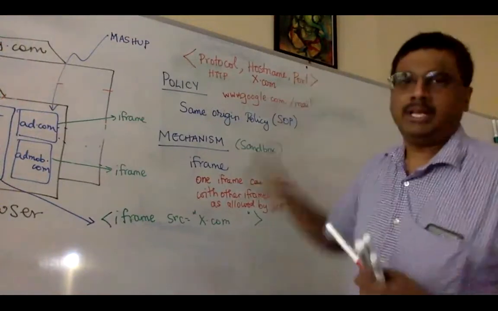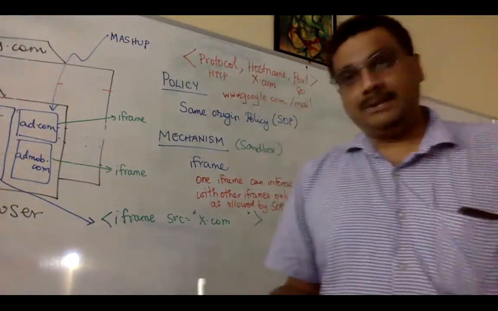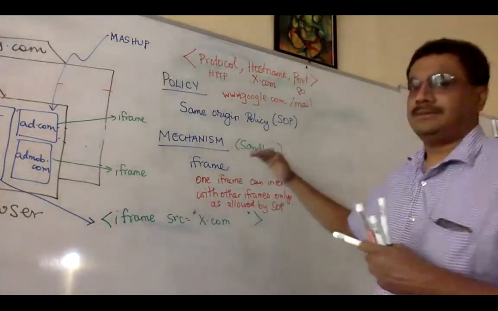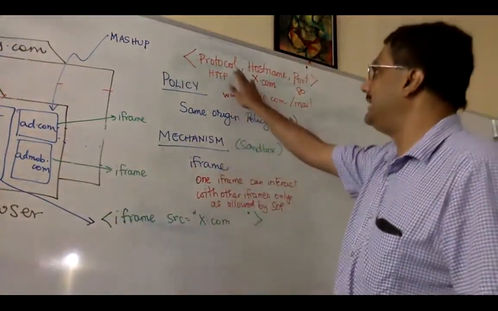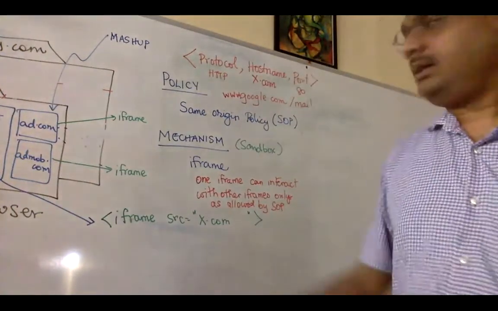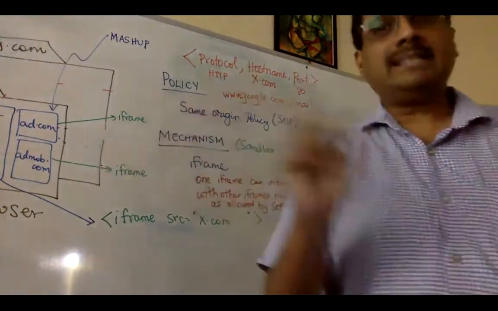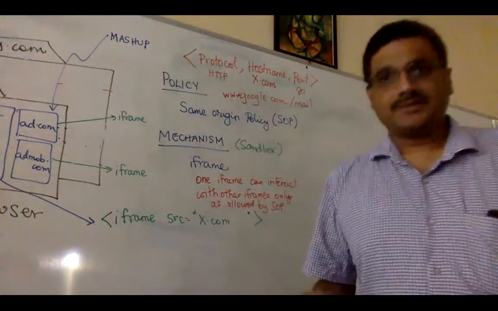Okay, and also the port, which is generally port 80 for HTTP, but it can be any port. So all content sent from the web server to the web browser is going to be tagged with this triple: protocol, hostname, and port. And what the same origin policy says is that two pieces of content can interact only if this triple matches.